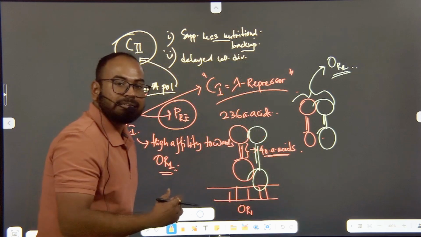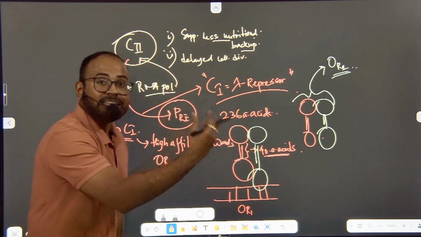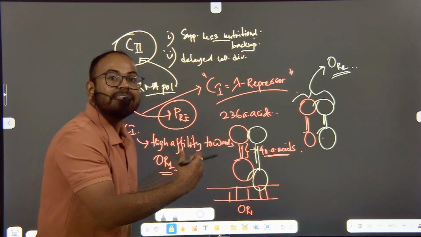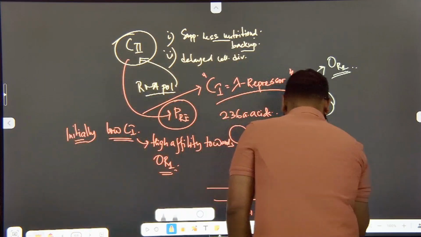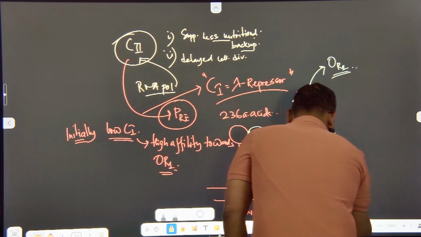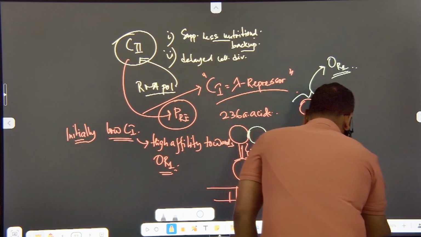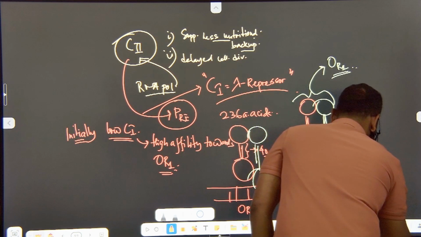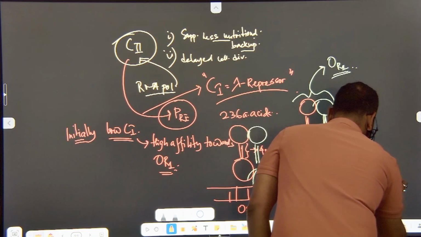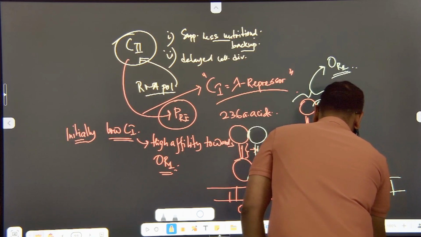But as the concentration increases, what happens? Just beside OR1, we have the OR2 region as well. Let's say this is our OR1 region and this is our OR2 region.